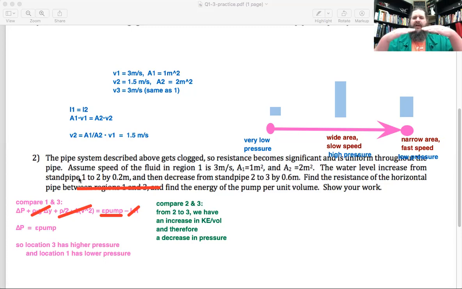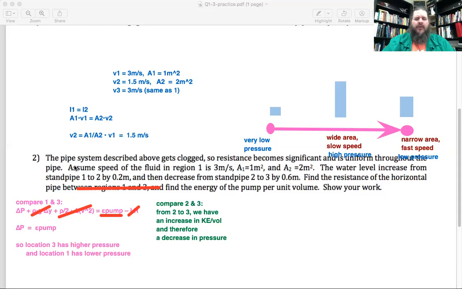Like if you know one of the standpipes is 0.2 meters higher than the other, what does the standpipe tell you about the fluid underneath? Yeah, that's all about pressure, specifically gauge pressure.